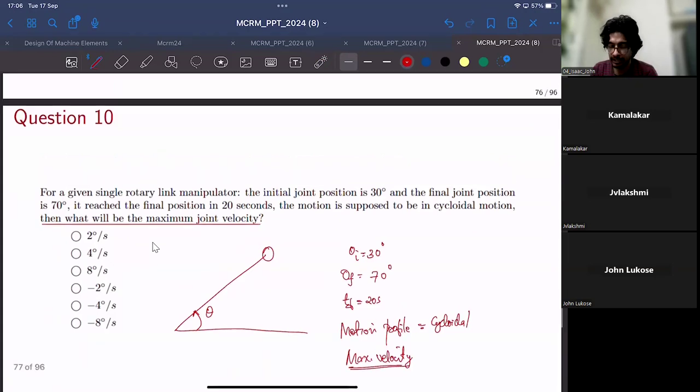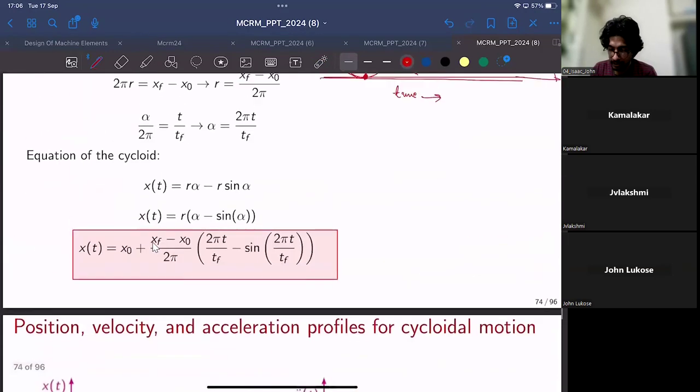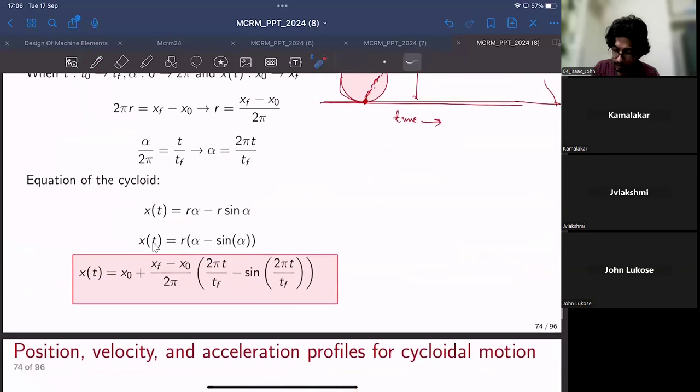So the procedure is fairly straightforward. You have this equation of the cycloidal profile. You take the derivative of this expression with respect to time. You will be able to obtain x dot of t. But you are also asked to find out the maximum velocity.